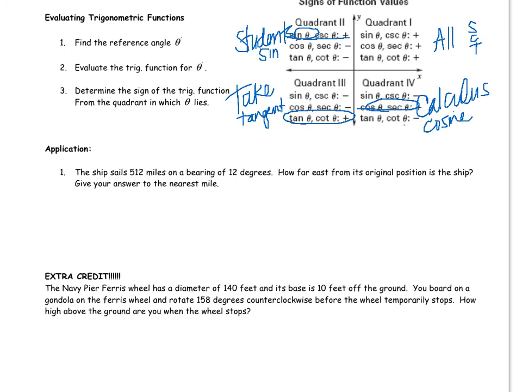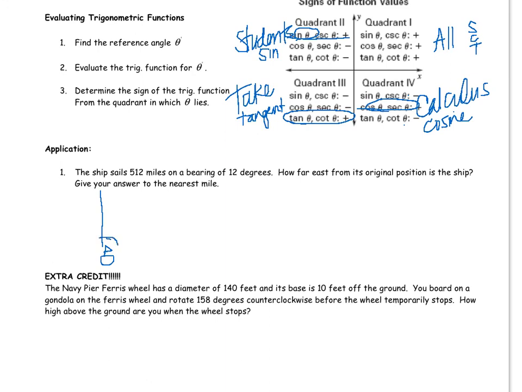I have one application, then I just want to briefly talk about the extra credit. The application talks about ships, and pardon my drawings, but here's the idea. You have this ship that sails 512 miles on a bearing of 12 degrees. What that means is as they start traveling north, let's say, they end up shifting off course based on wind speed and things like that.